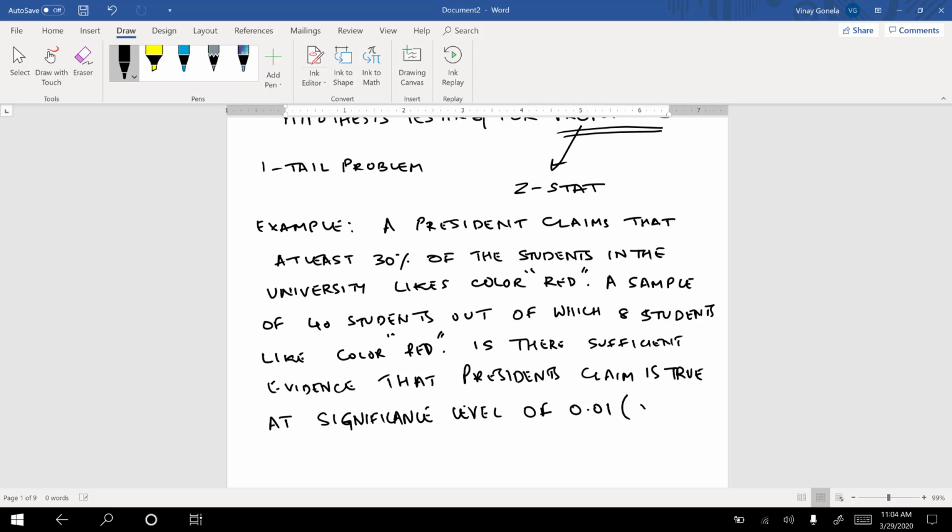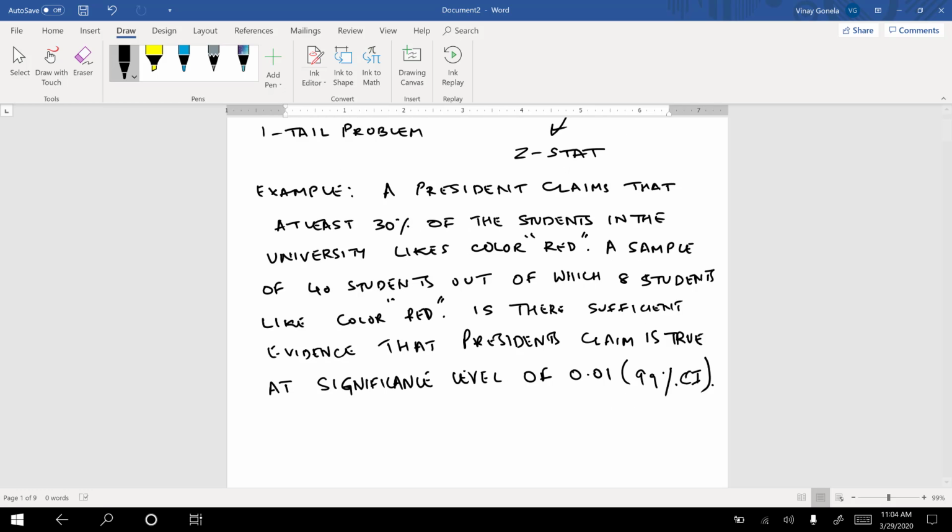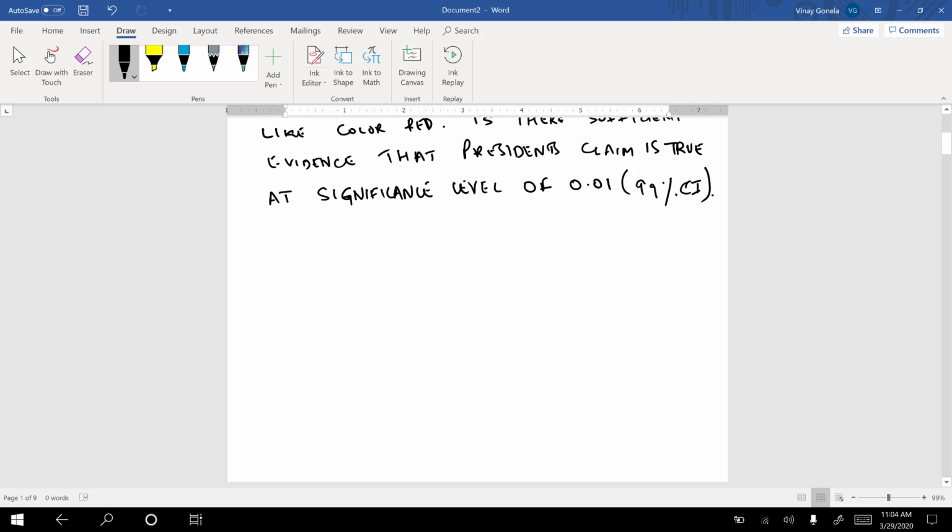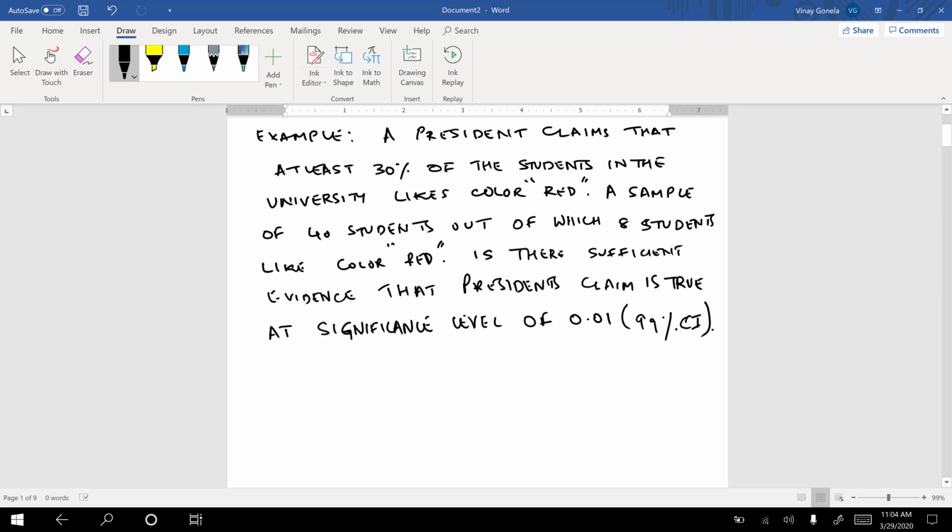So this means 99% confidence interval. So we have this question. We will try to solve this using hypothesis testing.